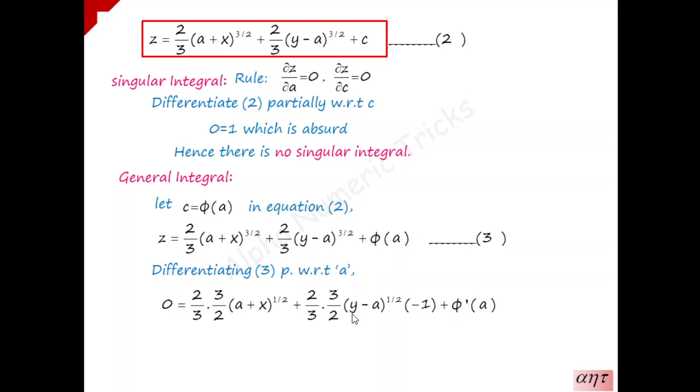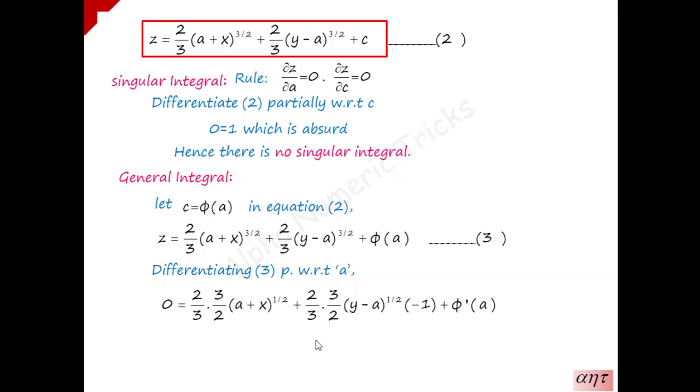Differentiation of y with respect to a is 0 because y is a constant. Minus the differentiation of a with respect to a is 1, so we have minus 1 written here, plus the differentiation of phi of a with respect to a, which is phi dash of a. That's all.